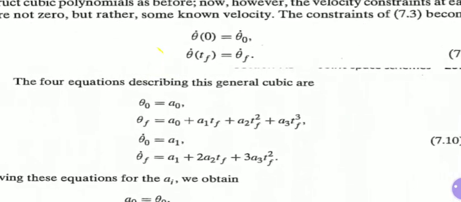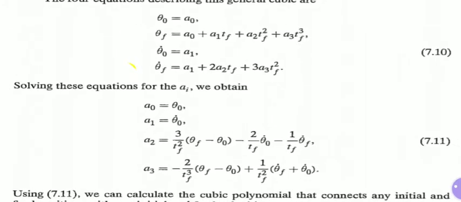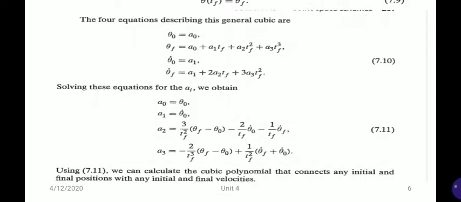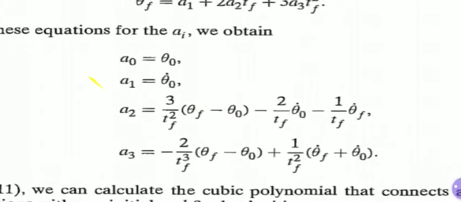But here the final and initial velocities are non-zero, and using these conditions in the cubic polynomial equation, we can find the values of a0, a1, a2 and a3. So a0 is equal to theta 0, a1 is equal to theta dot of 0. In the earlier case it was equal to 0, but here it is theta dot of 0.